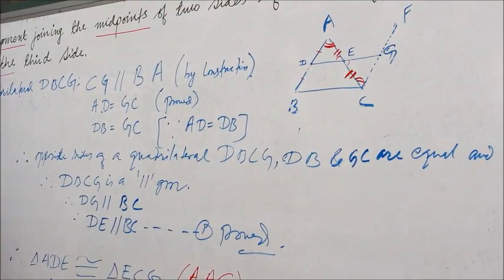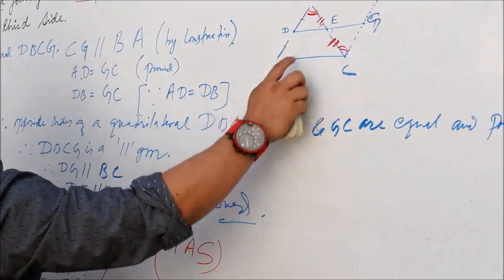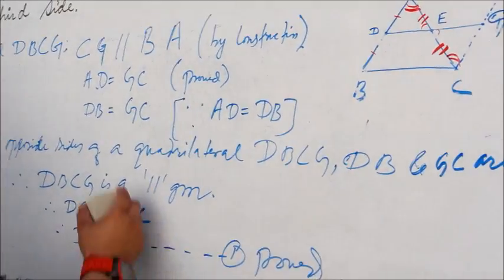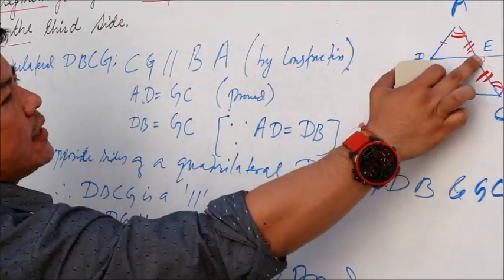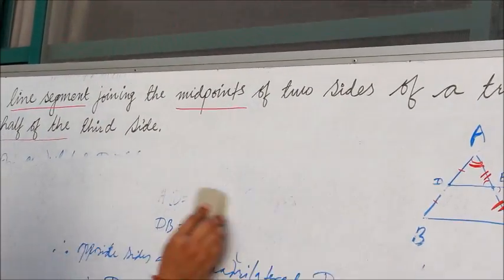Now we have to prove the second part. DE is parallel to BC according to the question. The line segment parallel to BC is proved. Now we have to prove this line segment DE is half of BC. So how to prove it again?